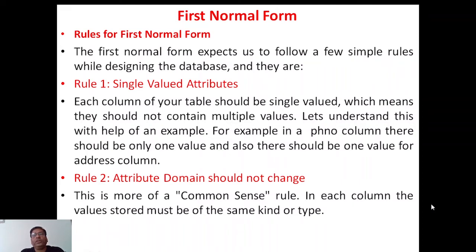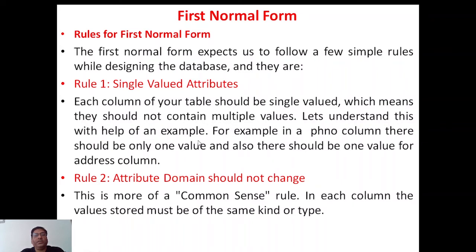When we talk about first normal form, we need to follow certain rules in order to say that a given relation exists in first normal form. While we design a database, we are supposed to follow certain rules which are simple and easy to understand. The first one is single value attributes, which means each column of our table or relation should hold a single value and should not contain multiple values.